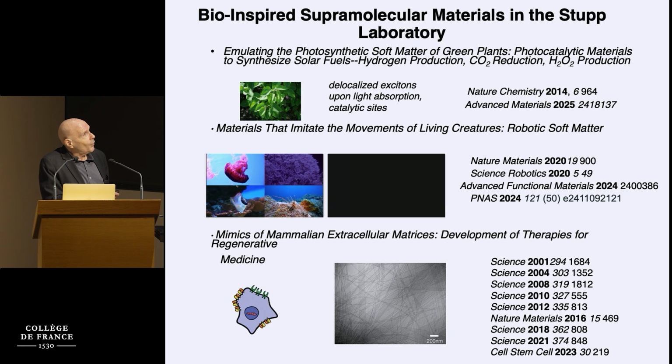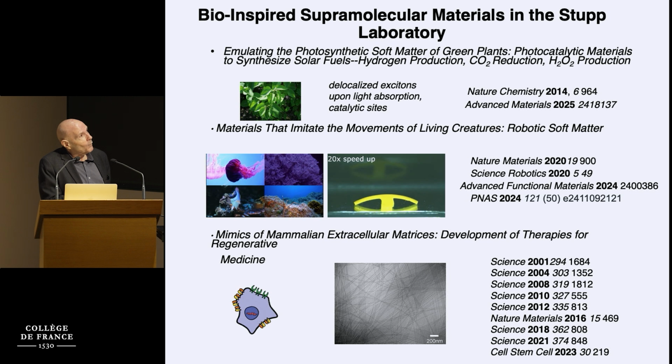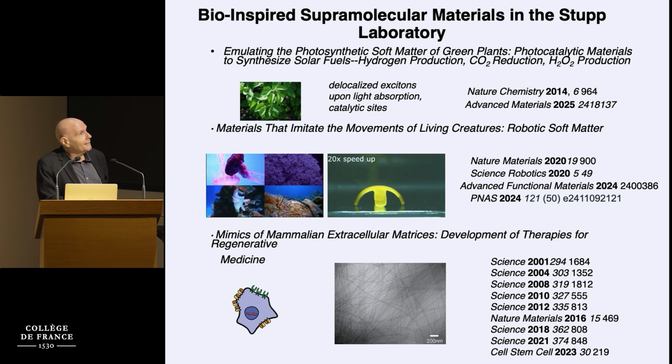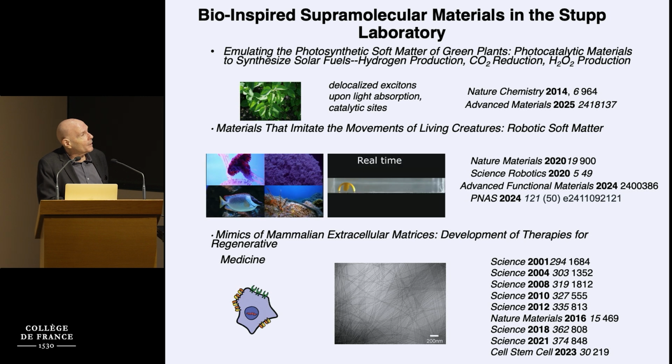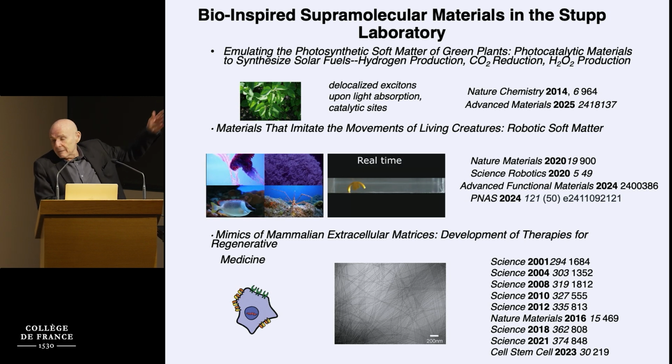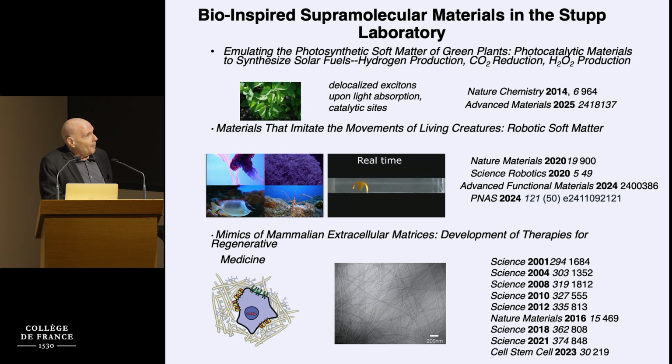And then also materials that imitate the movements of living creatures. In this area, we have developed materials that have macroscopic dynamicity, I would say, responding to stimuli of magnetic fields and light in this case. But for the topic of today, I'm going to focus on mimics of mammalian extracellular matrices.